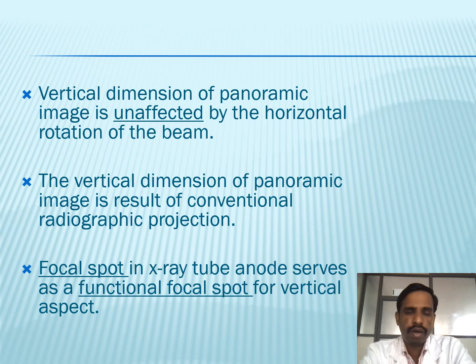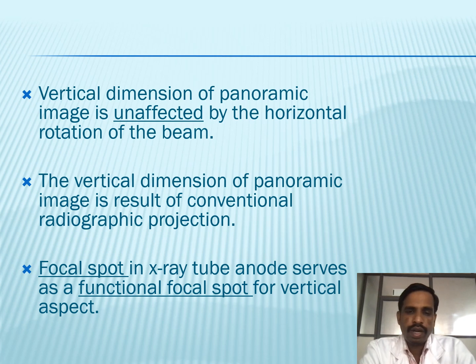So when you get the image, the vertical dimension of the image is not affected by the horizontal rotation of the beam. The X-ray source will be rotating around the patient in a horizontal axis. So even though there is horizontal movement of the X-ray source, the vertical dimension is not affected.